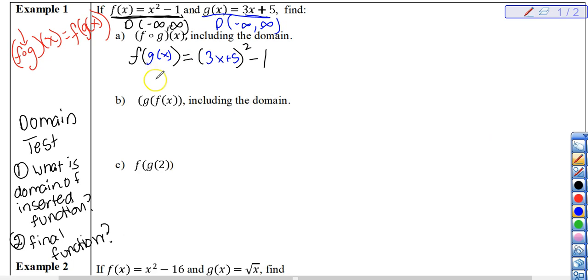So I'm going to write it down here, and then we'll just do a little arrow. So we're going to go down, and then I forgot something that I really want to do. Here's what I really want to do first. I want to plug in the actual function of g of x, which is 3x plus 5. And then do that.